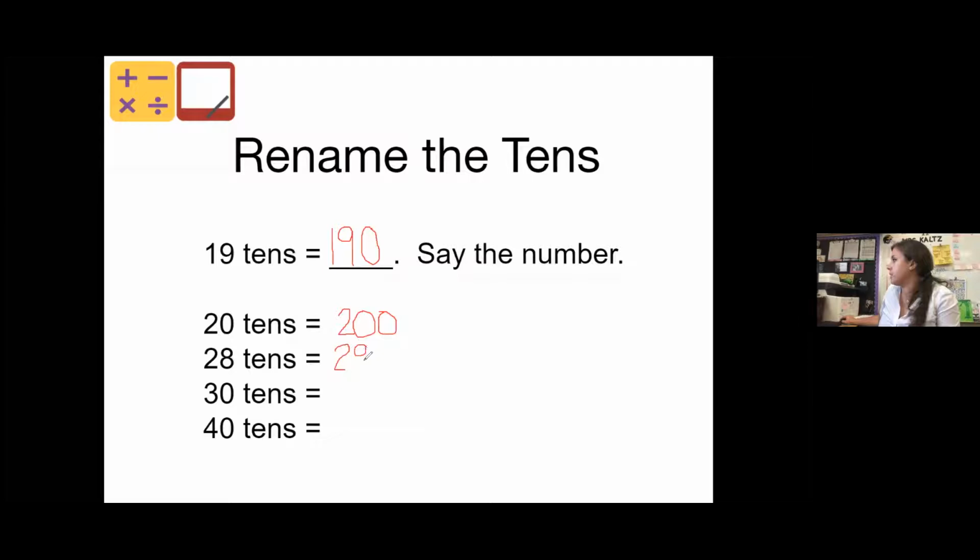Good, 28 with a 0 at the end is 280. 30 tens. Good, 300, which is 30 with an additional 0 at the end, and then 40 tens. Good, 400. 40 with a 0 at the end.